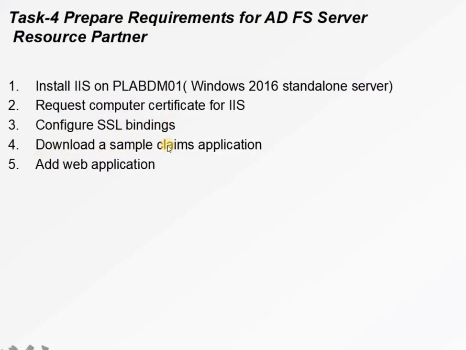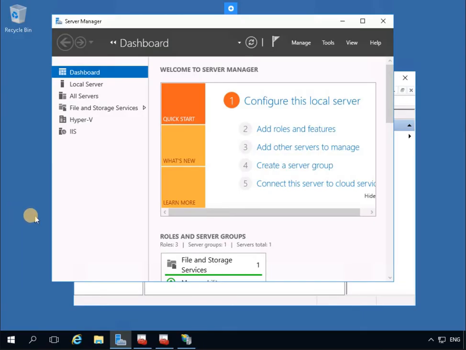So we are going to see download a sample client application. So in this task we will download sample code to create a client application. Please note that this application doesn't have the full capability of a full-fledged client application and will not be functional in the lab exercise or in this video. Okay.